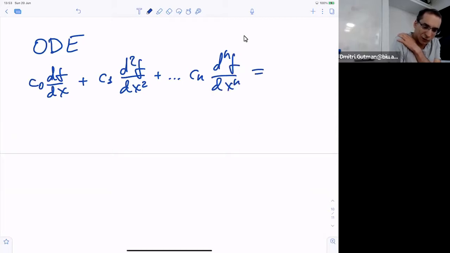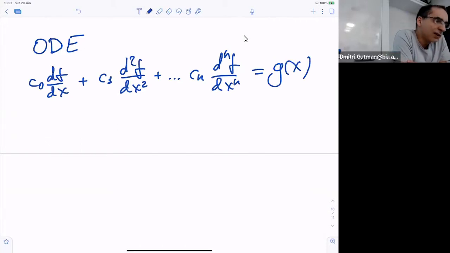And there is some function on the right-hand side, I don't know, g of x. So this is an ordinary differential equation of nth order for the function f. And what is important here is that all coefficients in this equation are constant. That's the simplest case, and I think this is the most illuminating case where the advantage of Fourier transform is obvious.